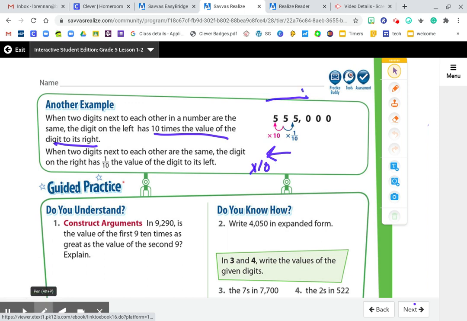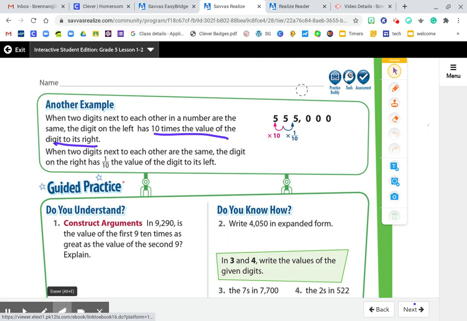If we go in this direction, you're multiplying by 1/10. So you're multiplying by a fraction, and that will come up later on in math. You can also say you're dividing by 10.